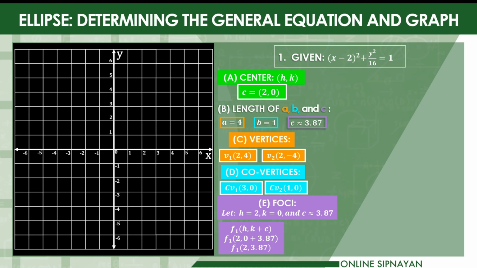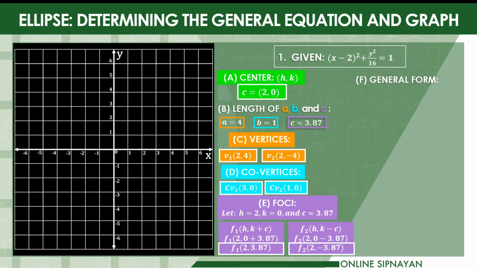Then simplify, we'll have focus 1 at 2, 3.87. Next is the focus 2, which is at h, k minus c. So substitute the values. We have 2, 0 minus 3.87. Then simplify, we'll have focus 2 at 2, negative 3.87.